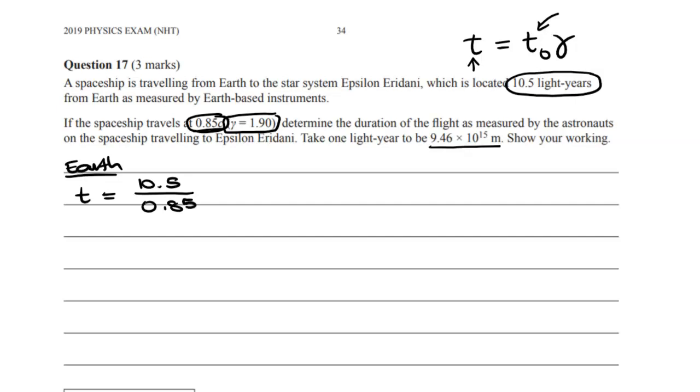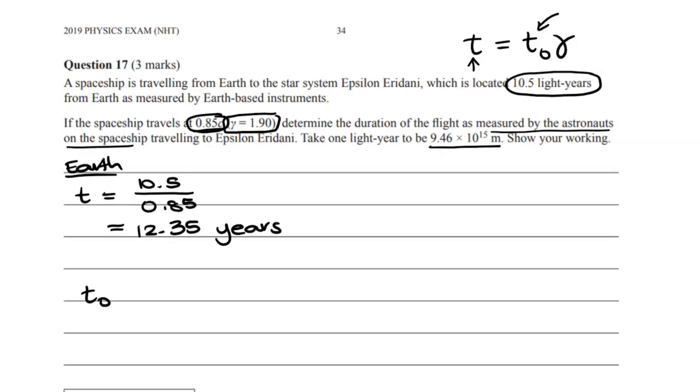So if we know it's 10.5 light years, that's the distance travelled by light in 1 year, and it's 0.85 times the speed of light, that actually tells us the value of t in years, which is about 12.35 years. And that's the time measured on Earth, but we are interested in the time measured in the spaceship, measured by the astronauts on the spaceship.